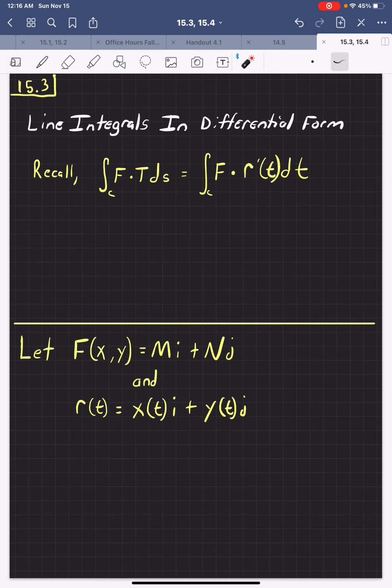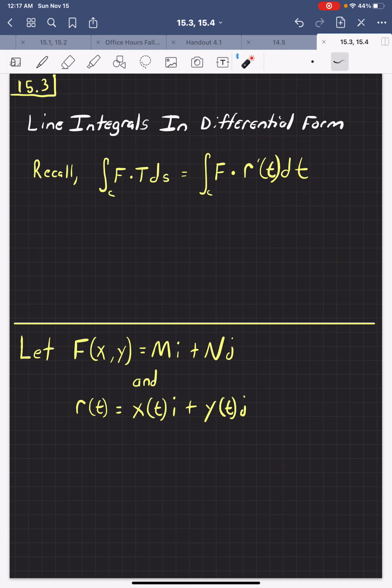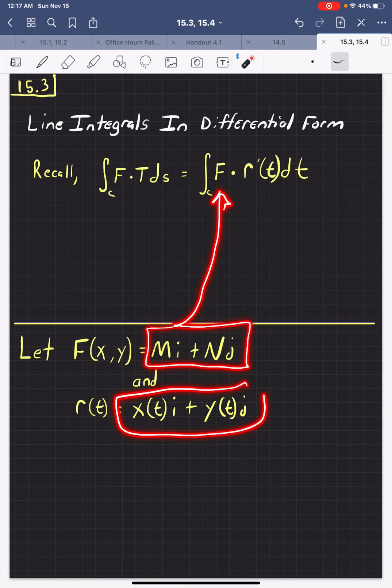And then I'm going to show you what the differential form of this would look like. So if we just assume that your vector field, your force field, can be represented by the following vector. And of course, what we assume is that r of t is of the form x of t in the i direction plus y of t in the j direction.